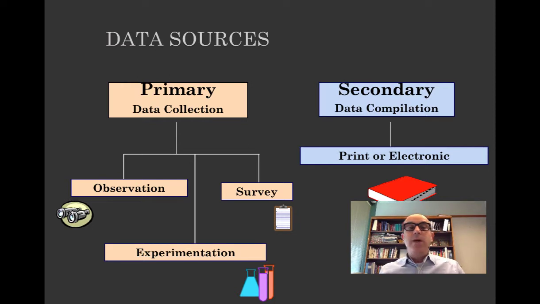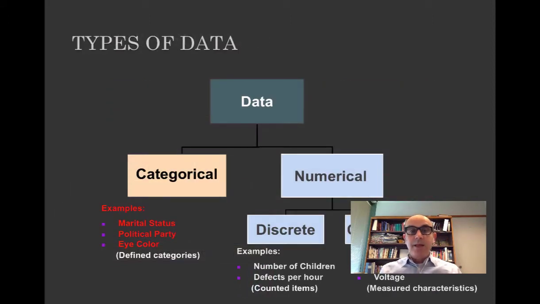Experimental is that we select people, put them in a lab, and test them to see what the effect is. Secondary is something that we often use in library science. We collect data from the library, or data that is available on the web. It can be in print or electronic format, and based on it, we conduct our study.